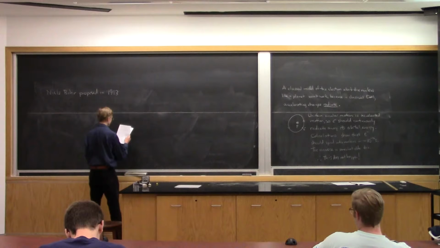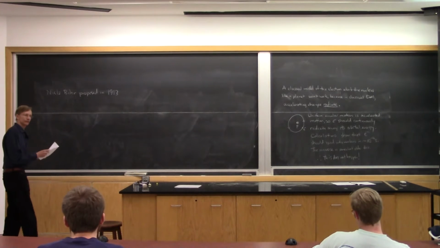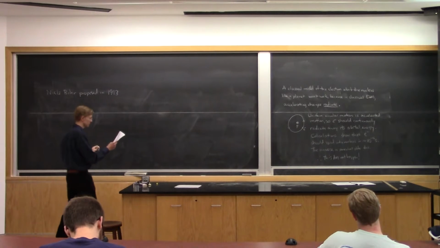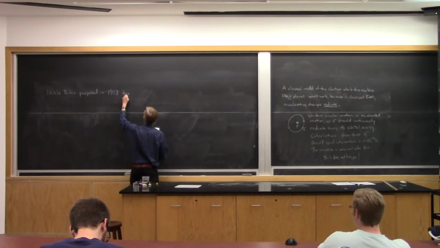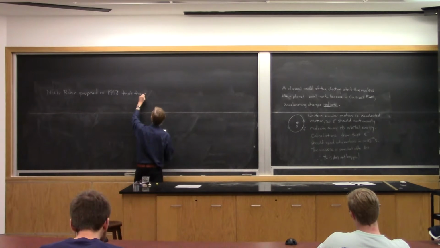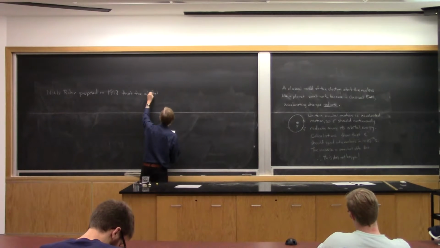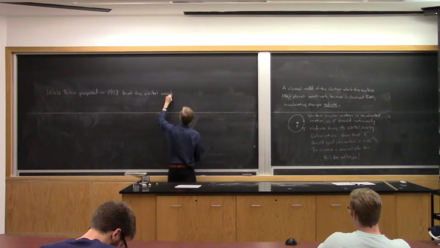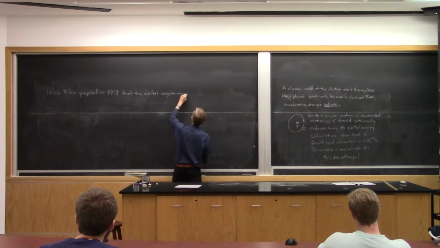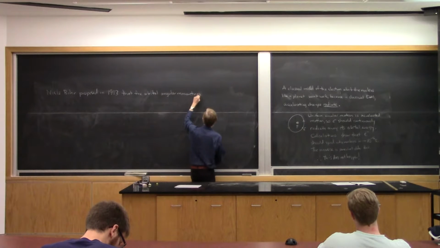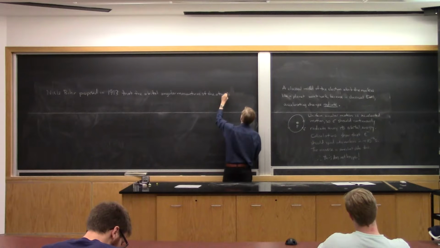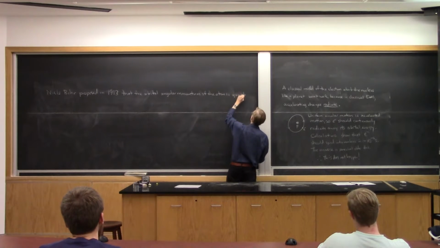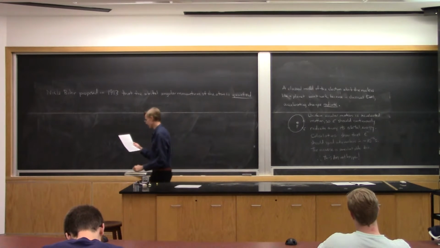So in 1913, Niels Bohr, Danish physicist extraordinaire, proposed that the orbital angular momentum of the atom is quantized. Only allowed to have certain specific values, is what, of course, we mean by quantized.